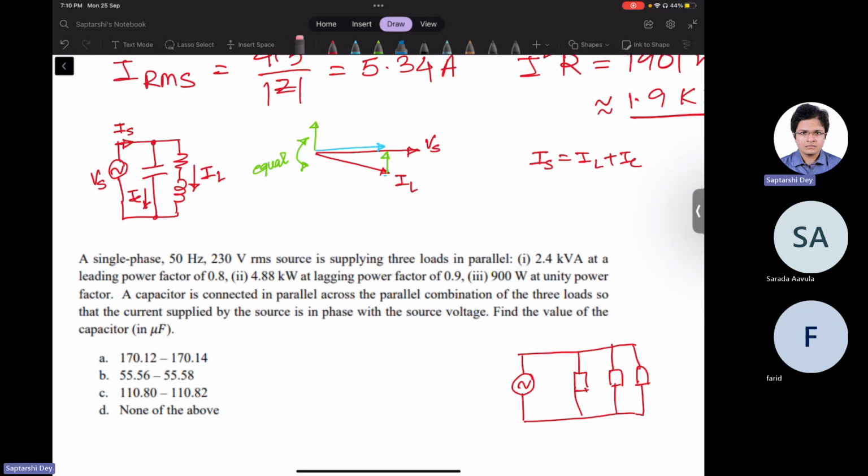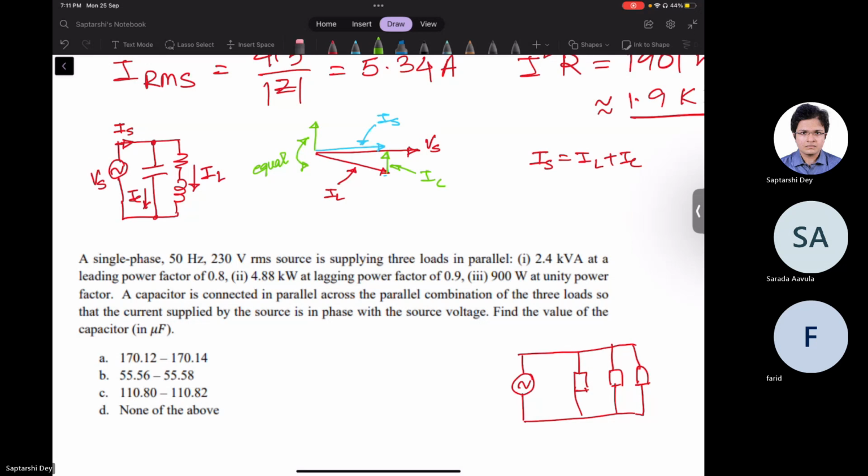This blue one is now the source current. So the red one is the load current, the green one is the capacitor current, IC, and IS is the source current.